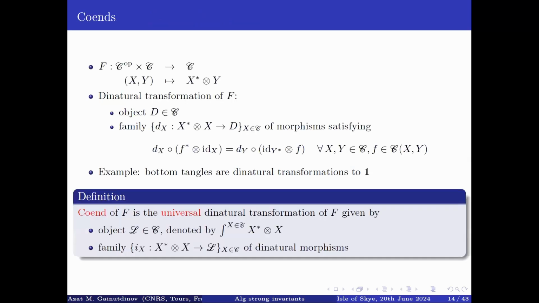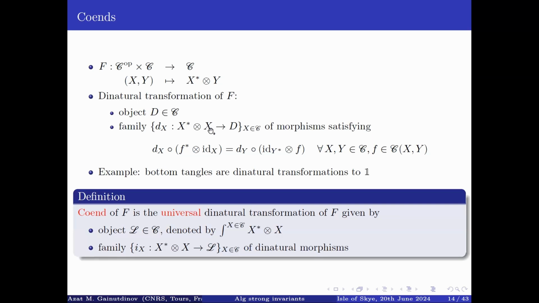What does it mean? Okay, first of all, let me give you a formal definition of this point. It's a coend of this functor. So you take a pair of objects and you tensor them, and then we are looking at an object which is universal to all the dinatural transformations into any object in category C. The dinatural transformation is very similar to natural transformations.